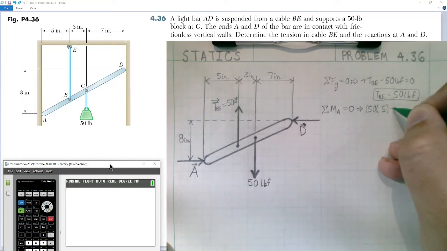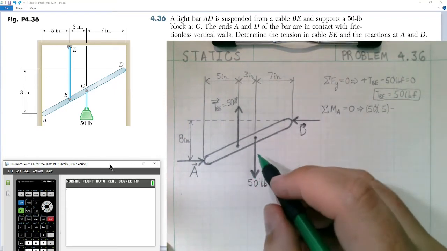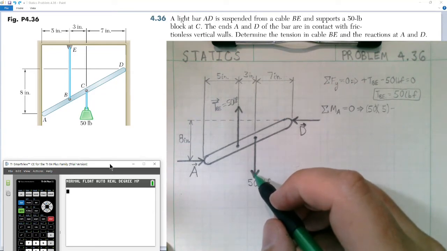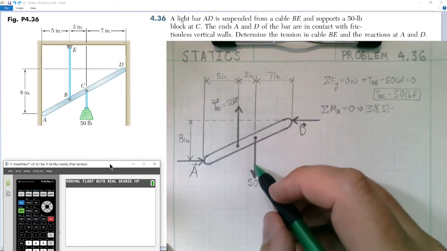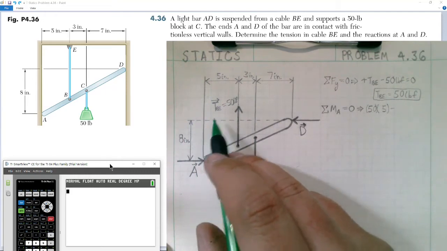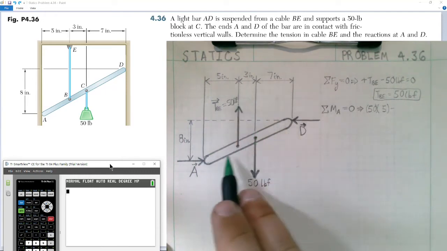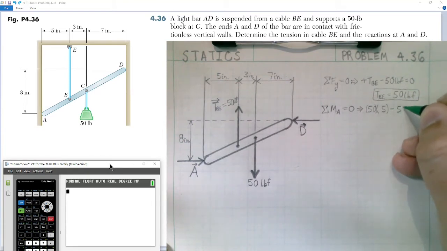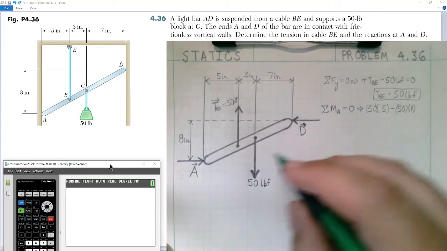Then we have another moment at point C, where the weight is pulling down. This is creating a clockwise moment about A. The perpendicular distance would be 5 plus 3, or 8 inches, and the force is 50 pounds. So we have minus 50 pounds multiplied by 8 inches.